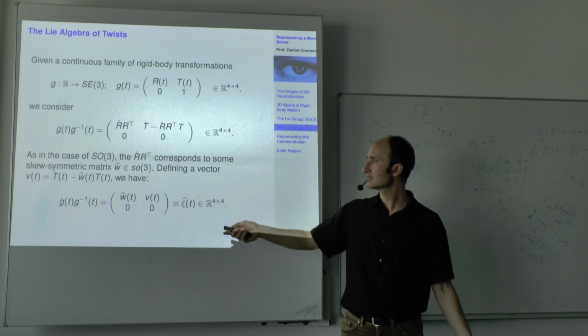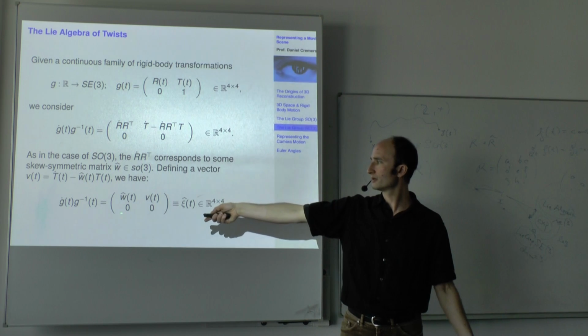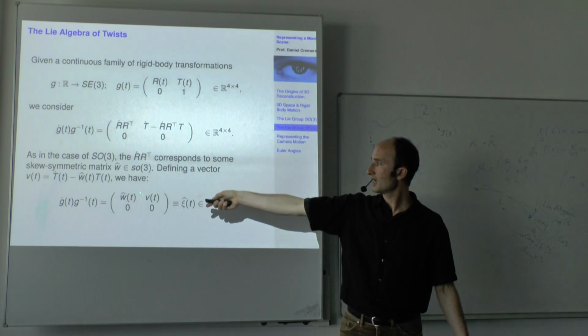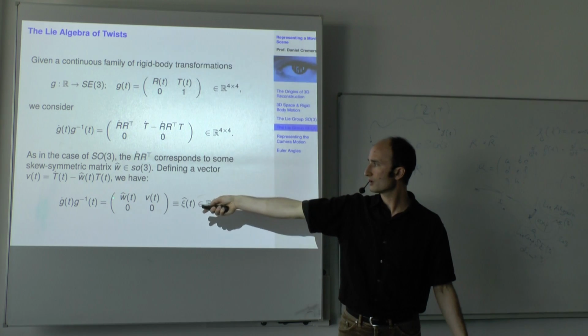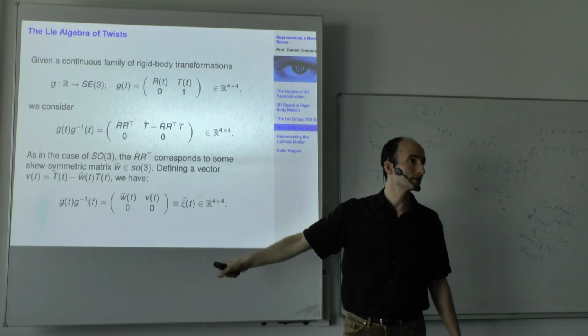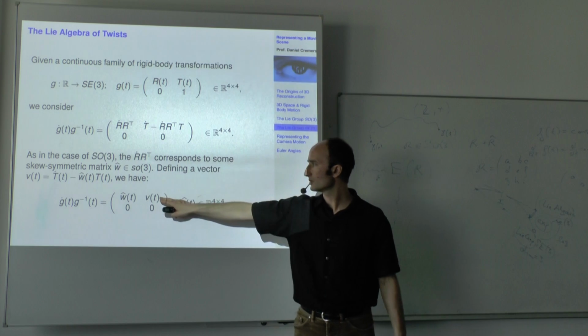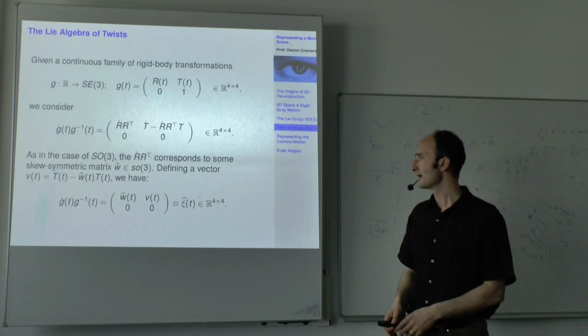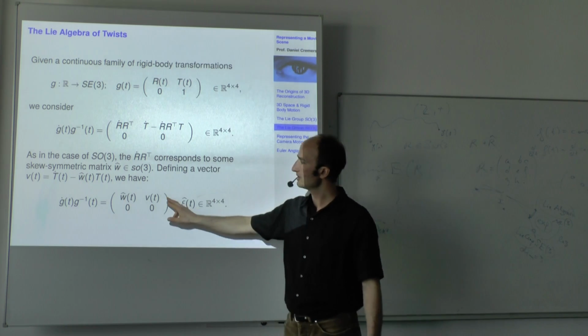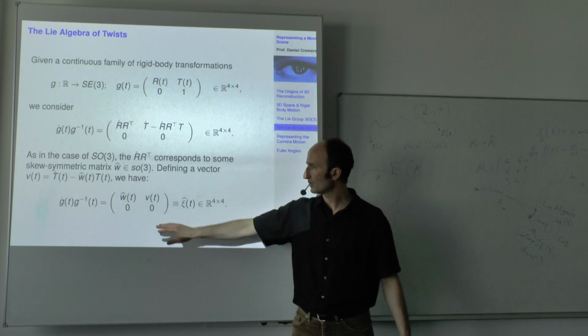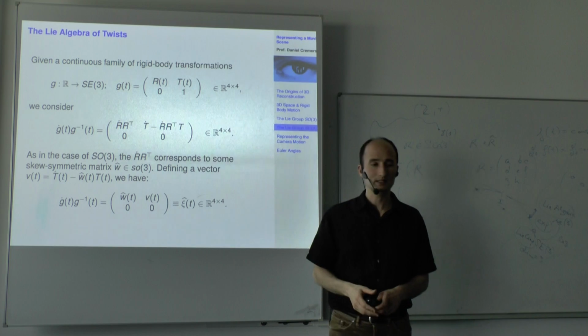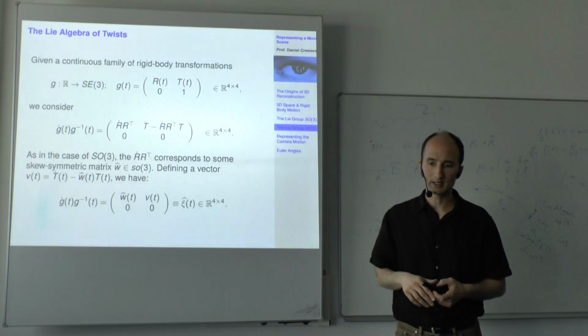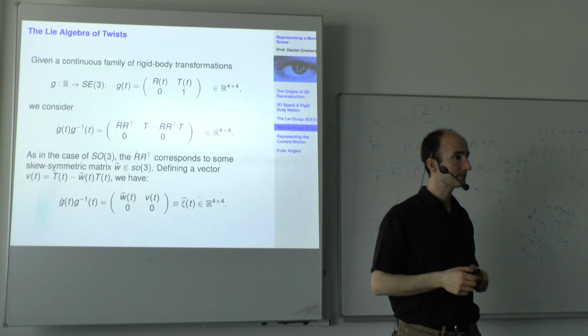It's a matrix such that the lower row is 0, and in the upper left-hand corner we have a 3×3 skew-symmetric matrix, and here we have some three-dimensional vector. And these 4×4 matrices that we get in this way, they are called psi hat, the so-called twists.